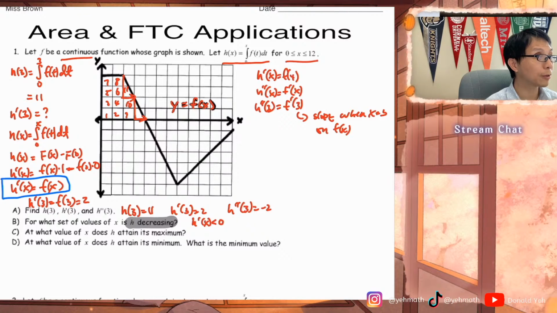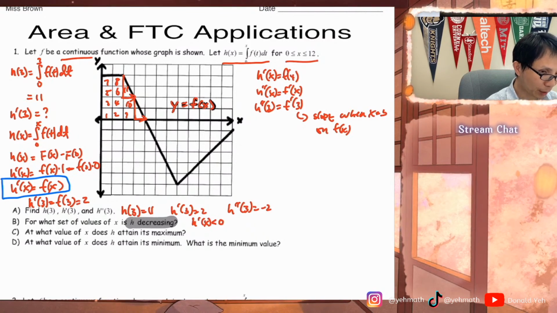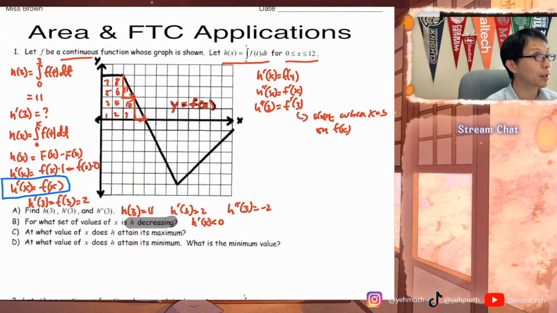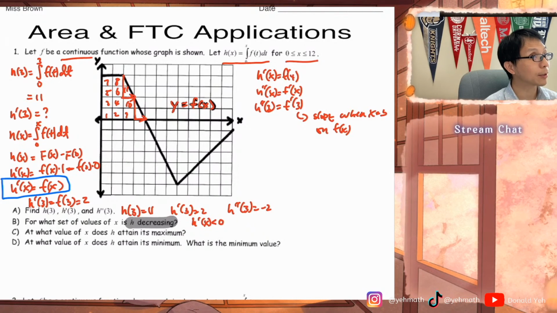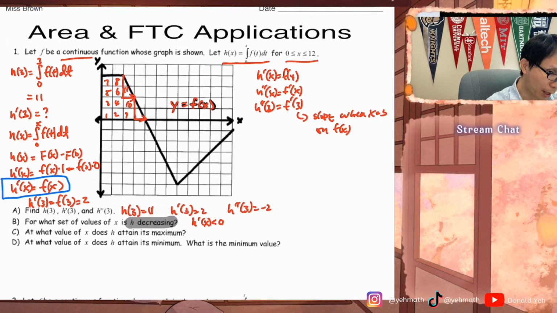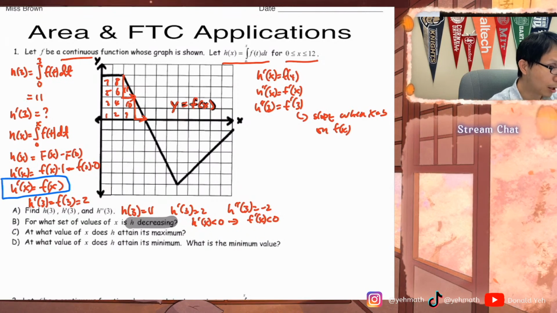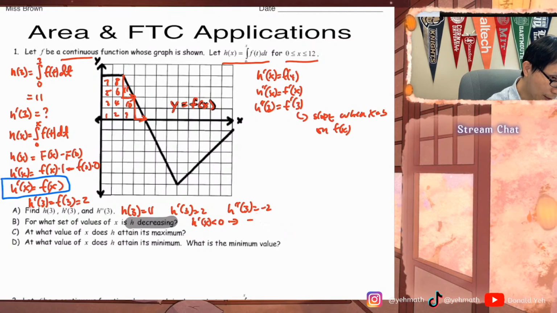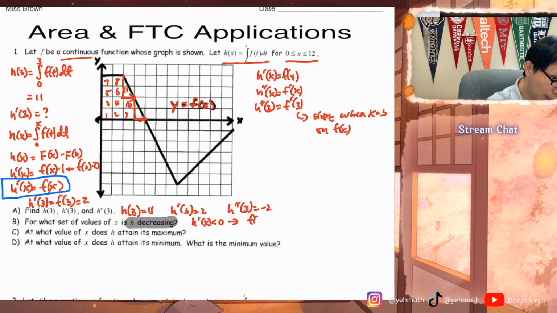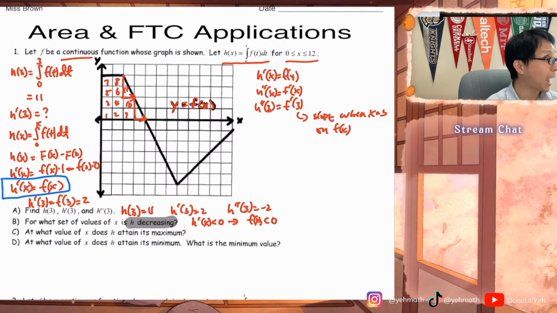Now, according to the first derivative, the first derivative tells you whether the slope is positive or negative. So that means h prime of x is less than 0. Therefore, h prime of x, which is f of x, is less than 0. So that means f of x is below the x-axis.